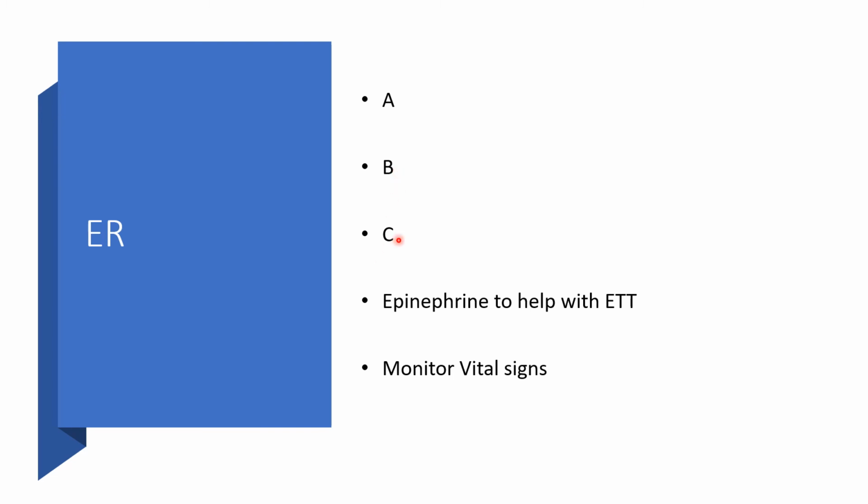Circulatory system, what is the BP, what are the heart sounds, we check all that. And the next thing is grab our epinephrine, okay, and inject the patient, preparing for intubation. And of course, we continue to monitor the vital signs because it's of no use if the patient is dead and then you are still intubating.